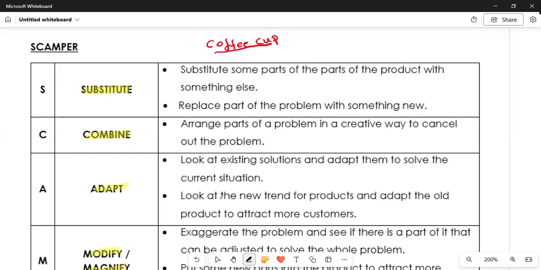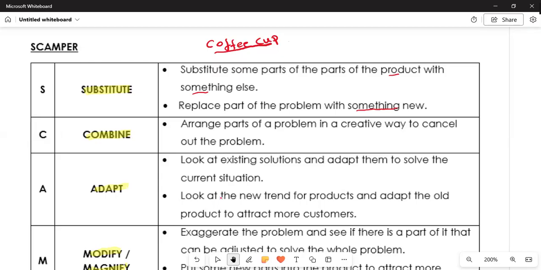So now let's go to substitute and find the explanation of it. With substitute, that's when we are replacing parts of the product or problem with something else. Substitute some parts of a product with something else, or replace part of the problem with something else. Like I said, our example is a coffee cup.